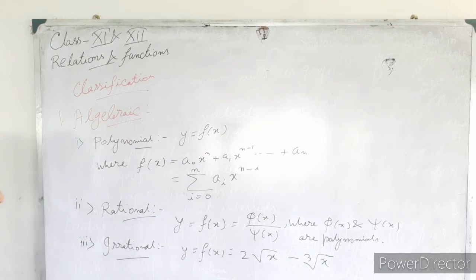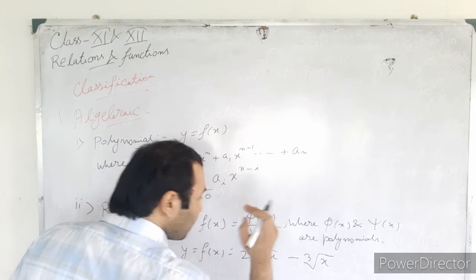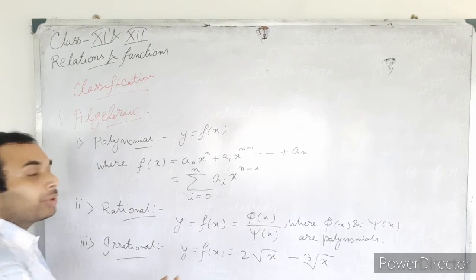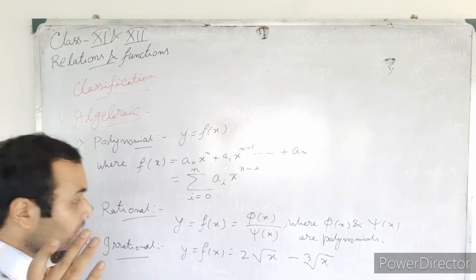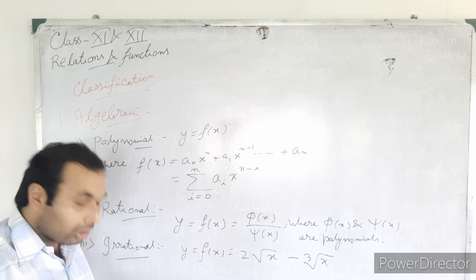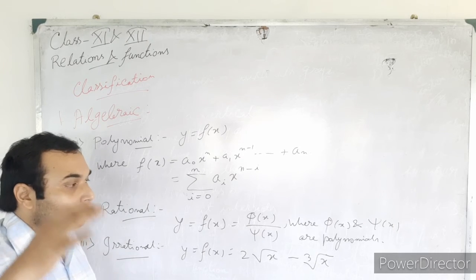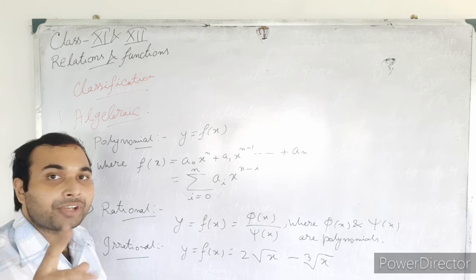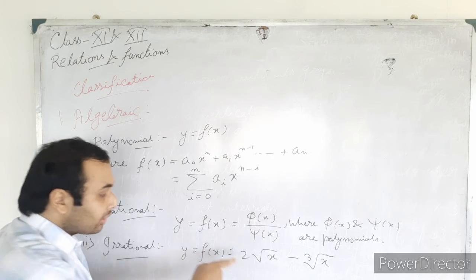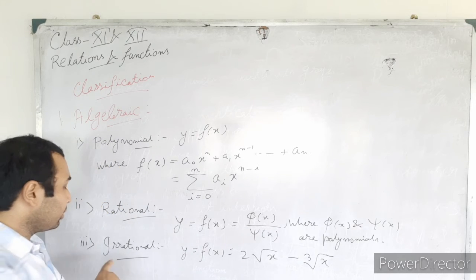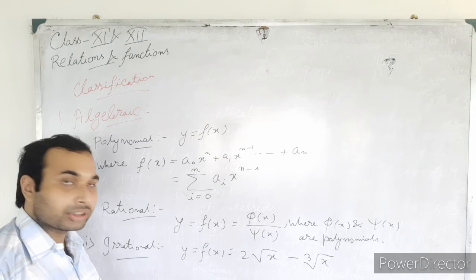Cube root of x means x to the power 1/3. In a polynomial or rational function the integral powers are there, no fractional powers. So this is not a rational function, that's why it is an irrational function.